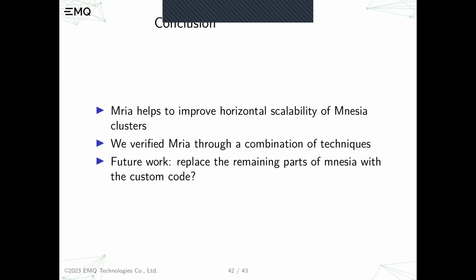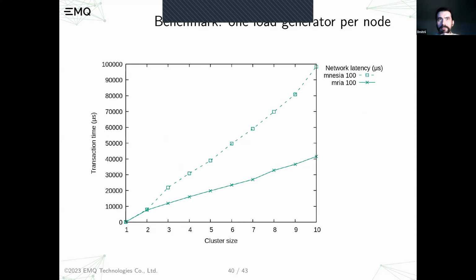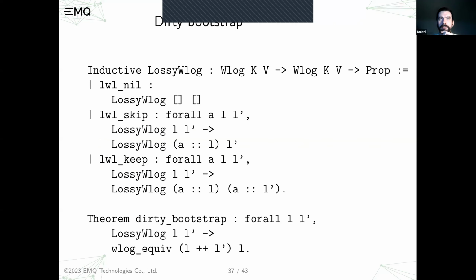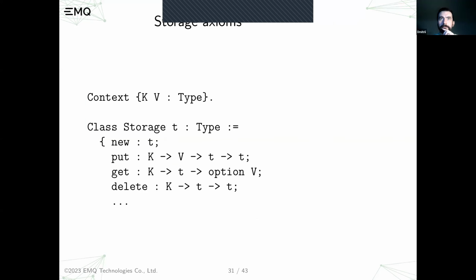So can you repeat again, how did you use formal methods? In this case, I think Coq, in the development. Yeah. Okay, so let me briefly go to this slide.